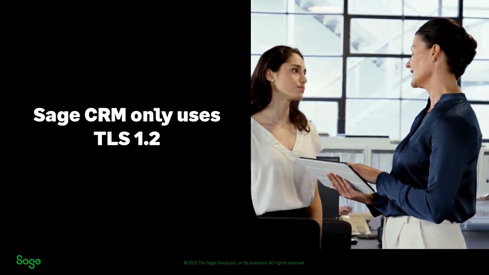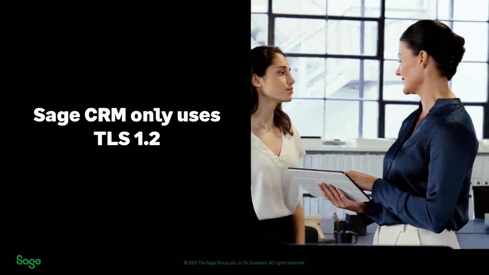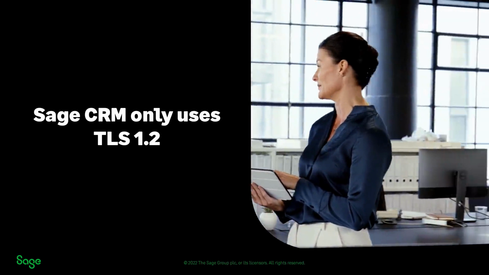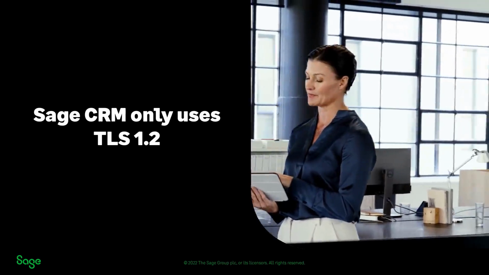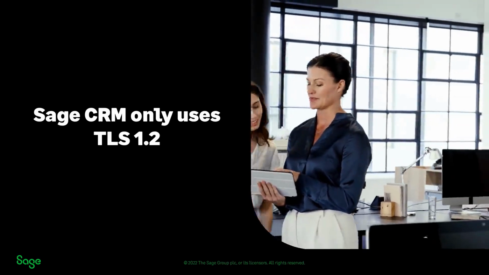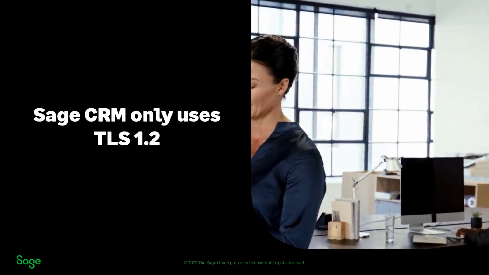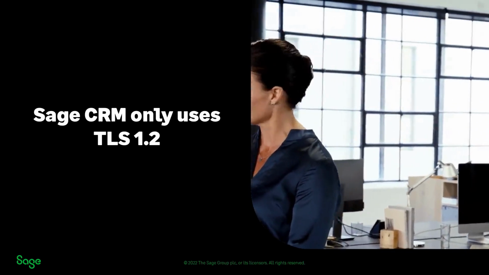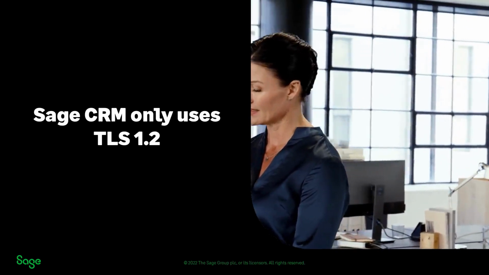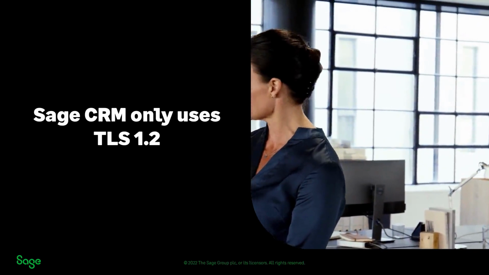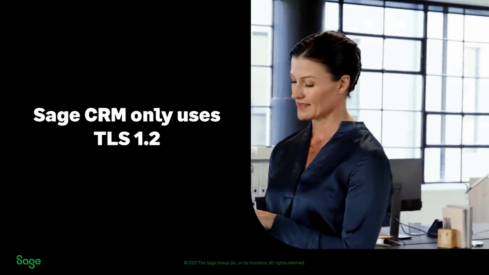At the end of 2020, we released a set of patches to make sure that everything from September 2020 was fully compliant with TLS 1.2. So all in all, if you hear any fuss around TLS, we are safe and secure.